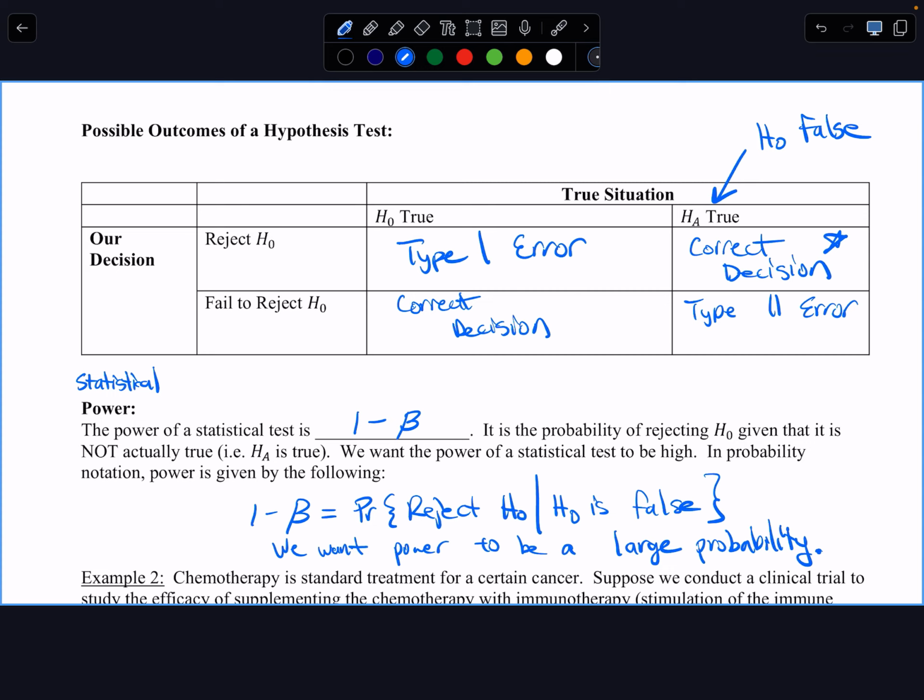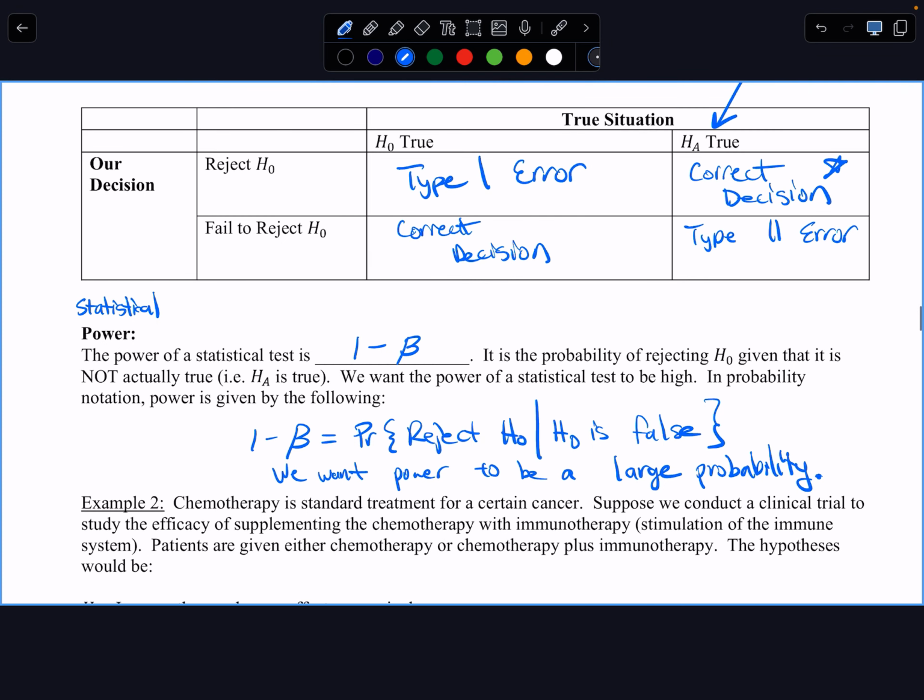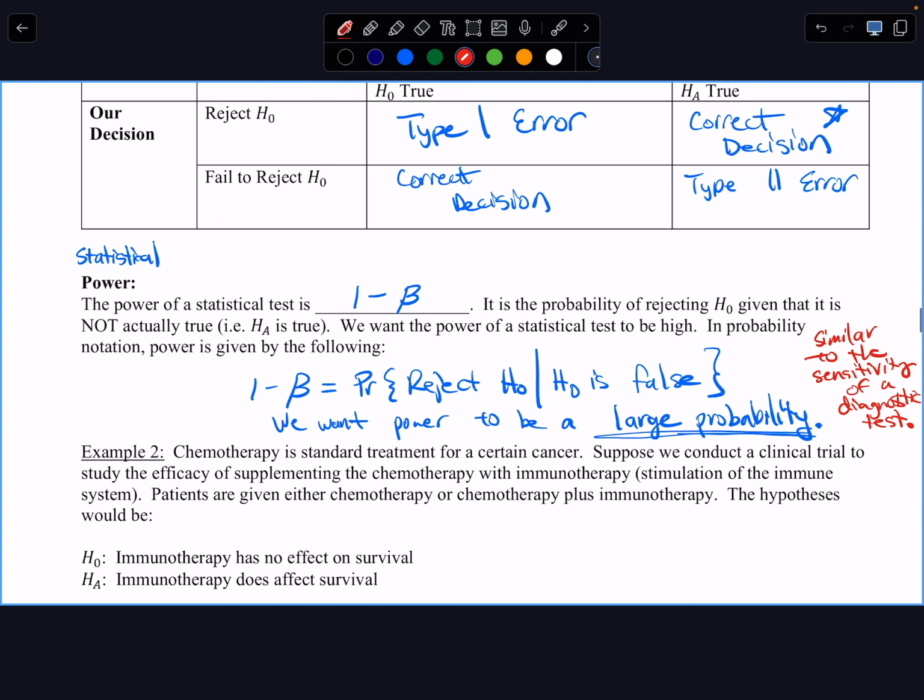So your power, which is why we want this to be a large probability, is very similar to the sensitivity of a diagnostic test. It's basically the same concept.